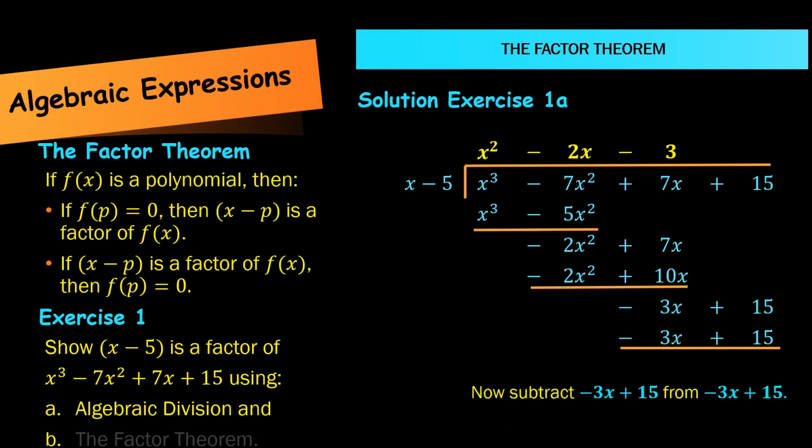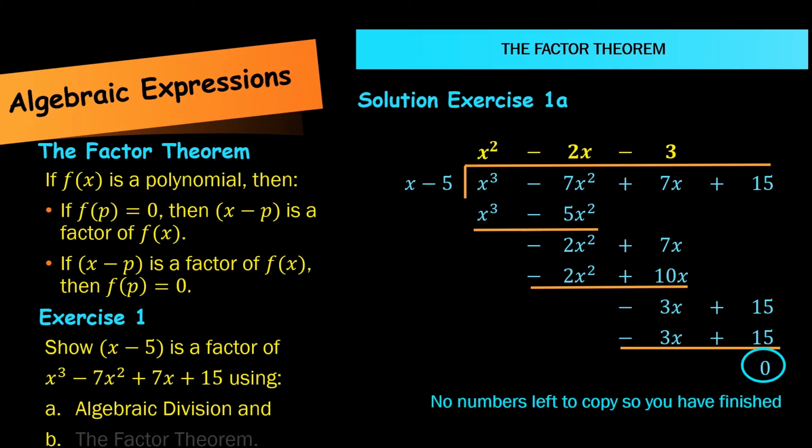And finally, when we subtract minus 3x plus 15 from minus 3x plus 15, we obtain 0. As there are no more numbers left to copy, we've finished.